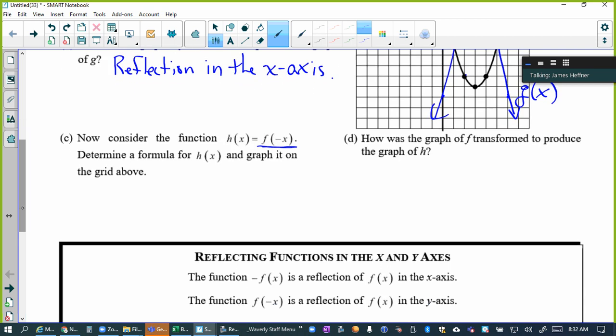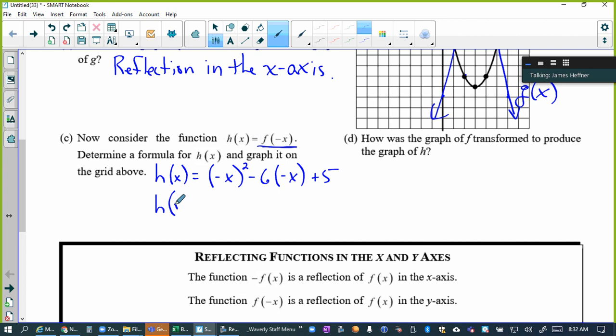Wherever we have an x, we've got to make it negative. So h of x is going to equal, watch how I do this, negative x squared, minus 6 times negative x, and then there's no x in it, so just plus 5.